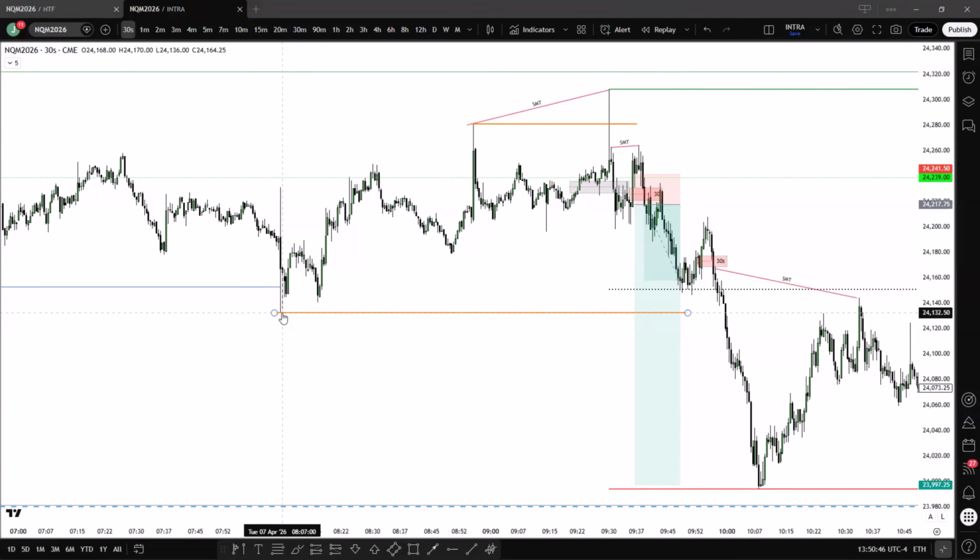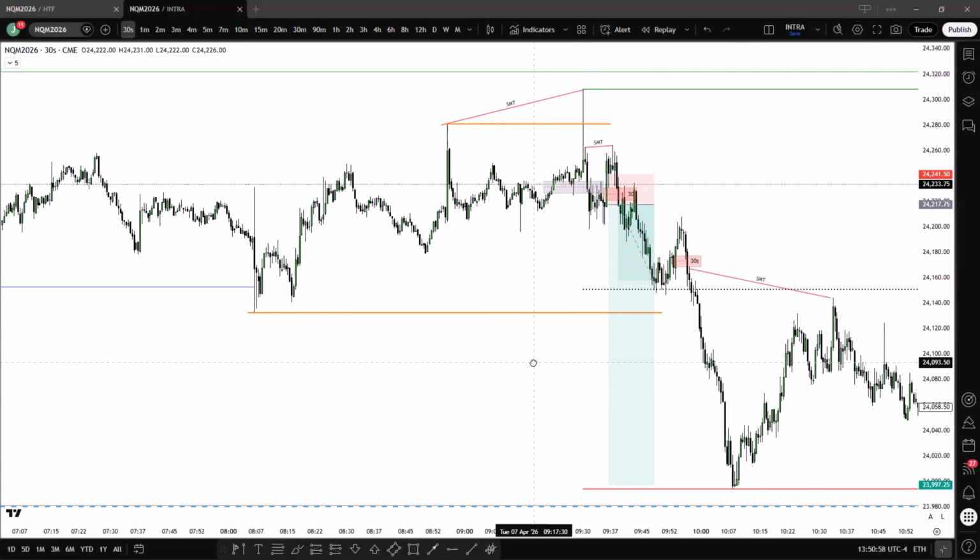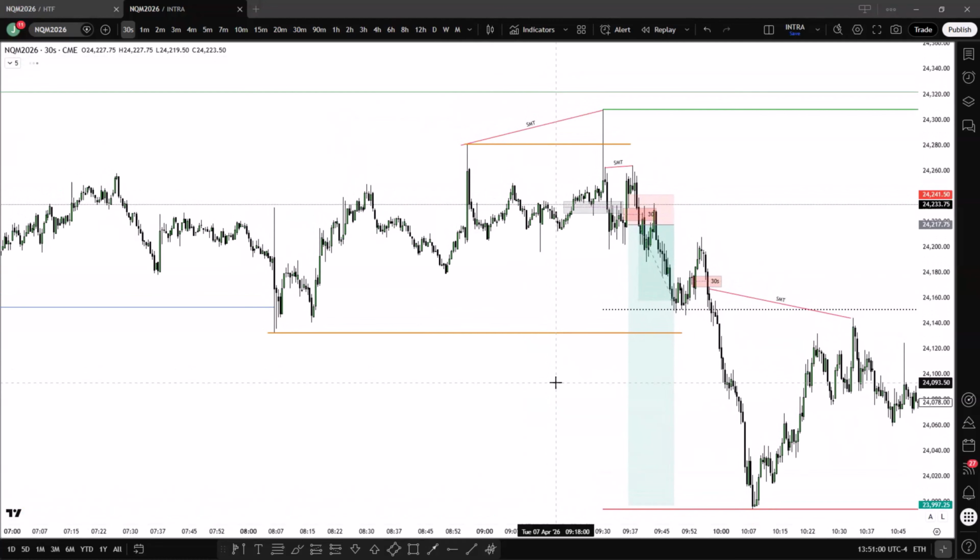And what puts the icing on the top is obviously the SMT, and SMT just stands for smart money technicals. Everybody has different explanations of it: smart money technicals, smart money techniques, divergences, whatever it is. It just means that one makes a higher high or a lower low and the other one doesn't.